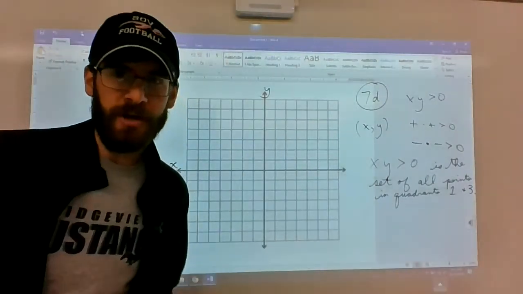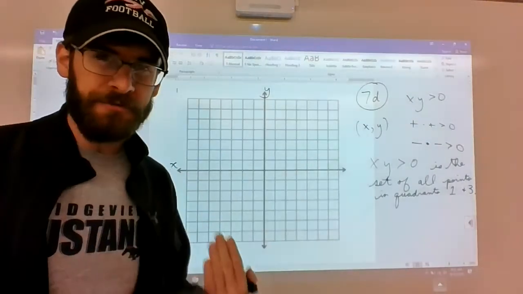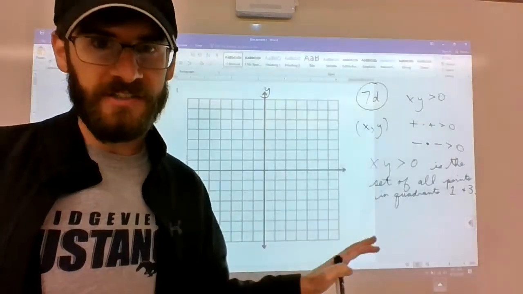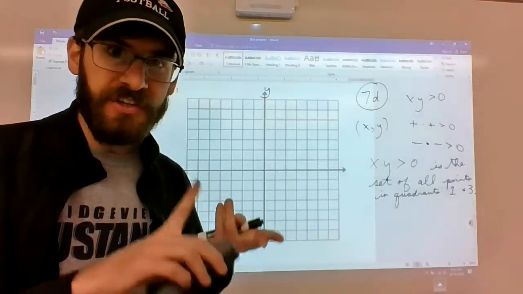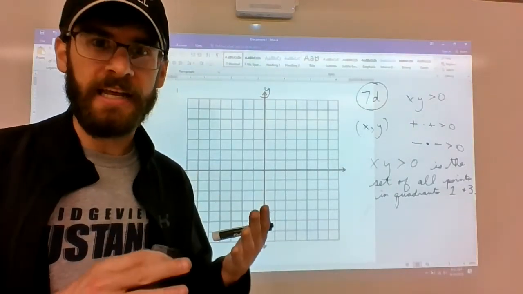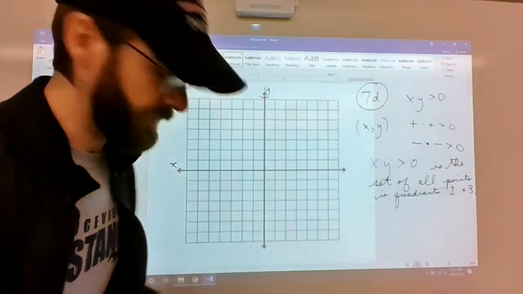So you see what the textbook writer's doing. They're really just making you think about different scenarios in which to describe points and not just say, can I plot things and can I graph equations? It's really kind of getting at the fundamentals of things.